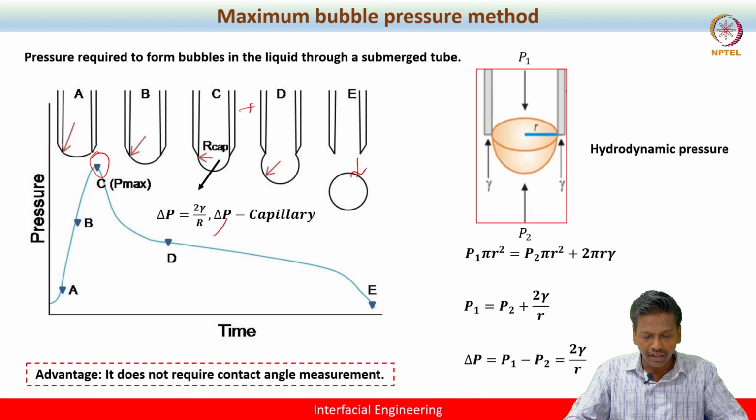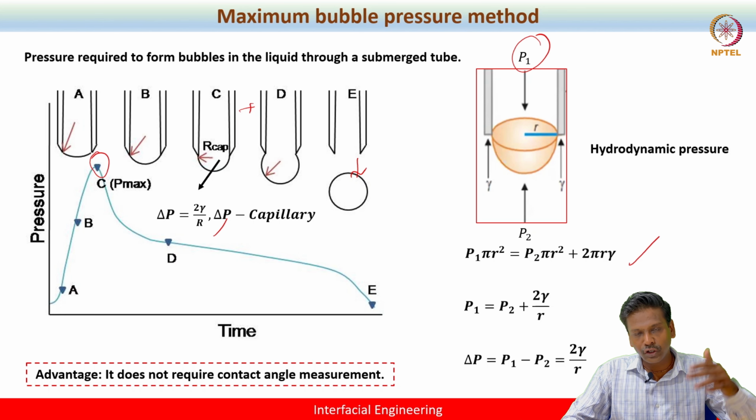So what we can do is perform a simple force balance, because we have pressure from both ends. One is from the top through the tube, let's say P1. The other is the hydrostatic pressure, because the tube is immersed in the liquid pool, so you would also have pressure from the bottom, a change in pressure.